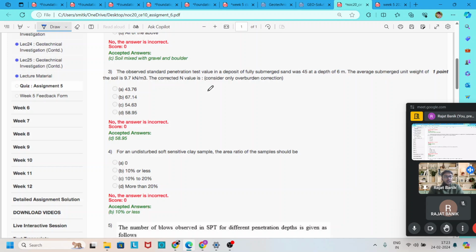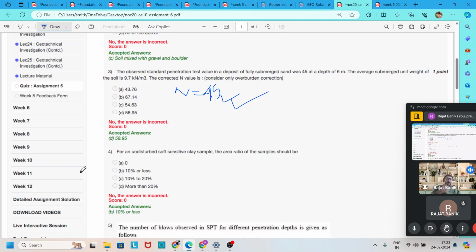The average submerged unit weight of soil is given as 9.7 kilonewton per meter cube. We have to find out the corrected SPT value. Our field observed SPT number at a depth of 6 meter is 45, so we have to find out the corrected SPT number due to the overburden pressure.